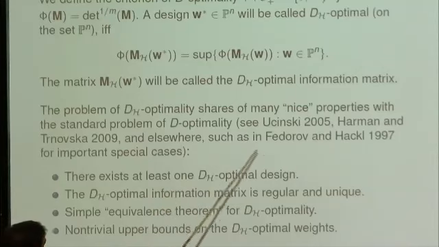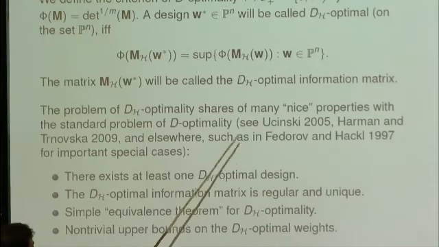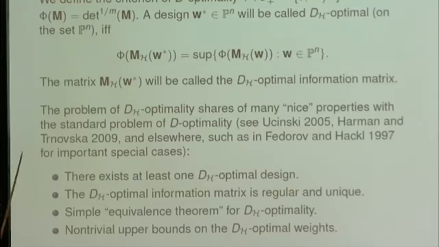For example, in the book by Fedorov and Hackl, there are several versions, so to say, of this generalized optimality, of this DH-optimality. But as such, this problem has been analyzed in the Dariusz Uciński book and in one of my papers in Mathematica Slovaca.